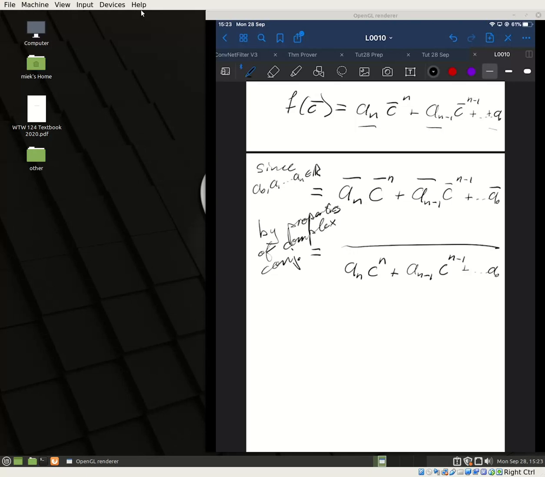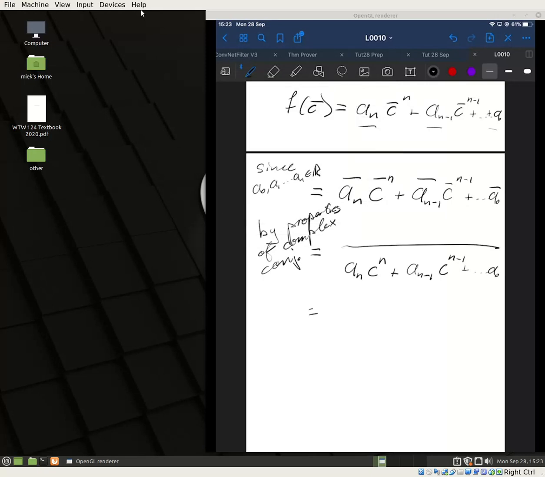Etc. So what have we done here? We take the complex conjugate, and we see here that the complex conjugate of a power is the same as the power of the complex conjugate. Complex conjugate preserves products. Complex conjugate preserves additions.